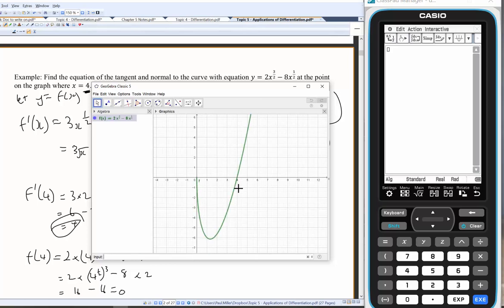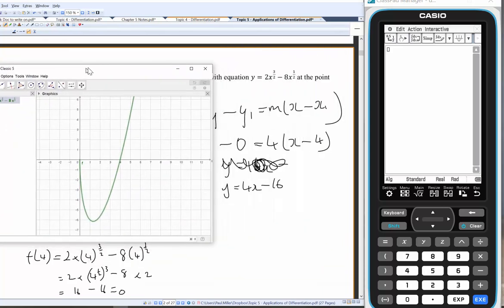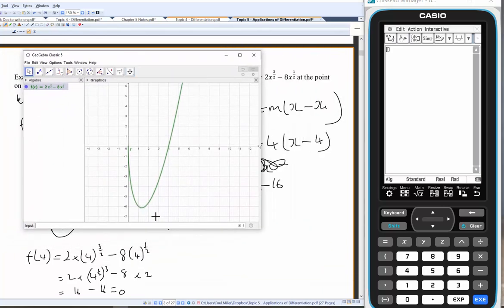Okay, so there it is there. And what we're looking for is the equation of the tangent at that point. What I'll be willing to bet is when I graph y equals 4x take 16, it's going to be a line that runs along there, nicks that point there, and continues going. Let's see. There it is. All right, so perfect, exactly what it means.